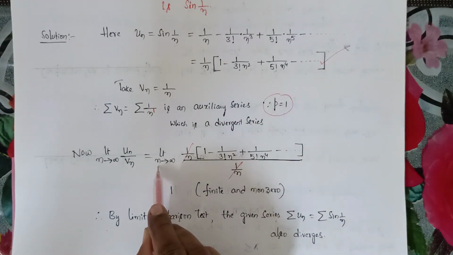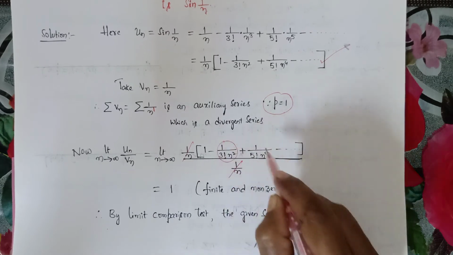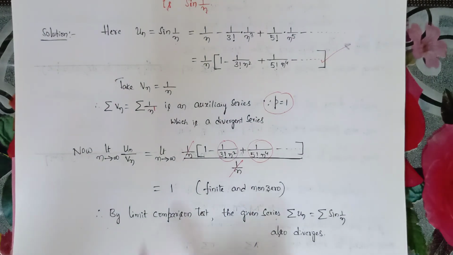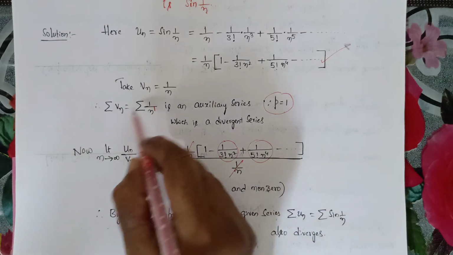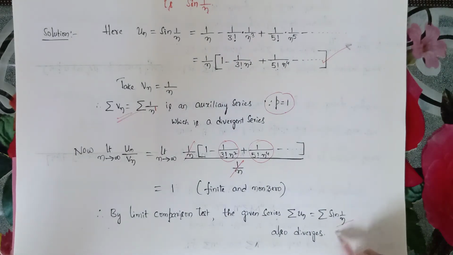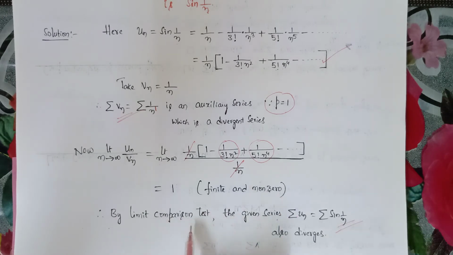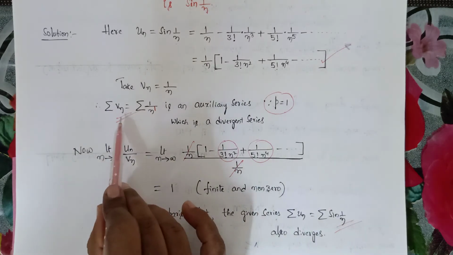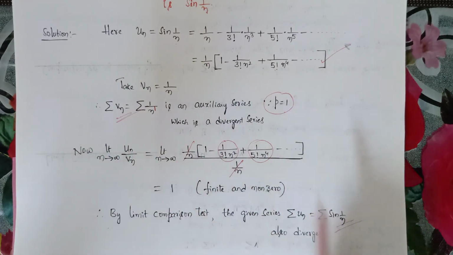As n tends to infinity, 1 by n tends to 0, so these terms are 0, and the only term remaining is 1, which is a finite and non-zero number. Therefore, by the limit comparison test, the given series sigma sine 1 by n also diverges. According to the limit comparison test, both series either converge or diverge. Since sigma vn is a divergent series, sigma un also diverges.